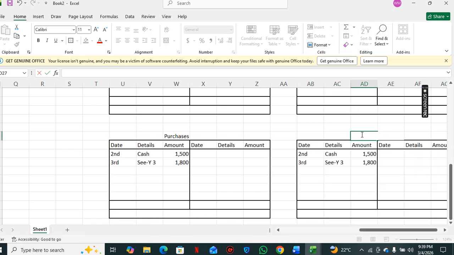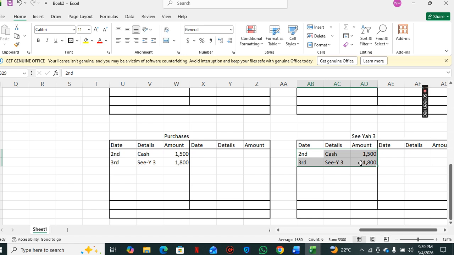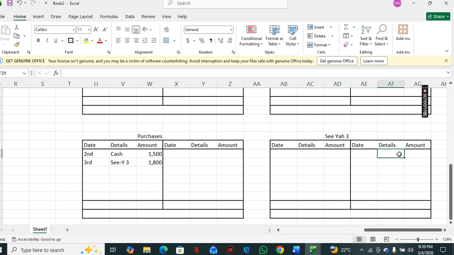I'm going to put here CR3. Then you're going to put on the credit side, we are owing him, so CR3. Credit side, we're going to put on the 3rd. You're going to put here purchases, 1,800.